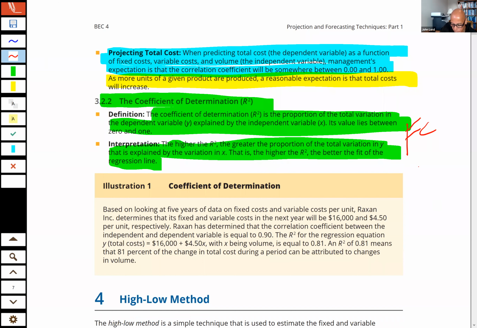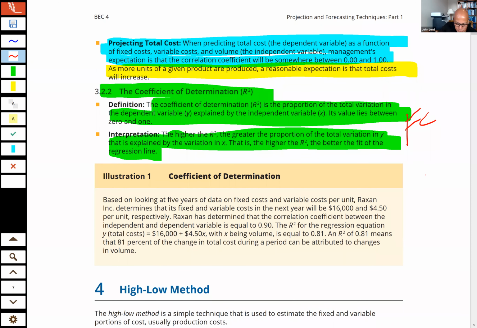Now just take a look here, they give us some information about this cost that they're looking at. Based on 5 years of data on fixed cost and variable cost per unit, Raxon determines that the fixed and variable cost next year will be 16,000 for fixed and 450 for the variable per unit. Raxon has determined the coefficient of correlation for the independent variable to be 0.9.